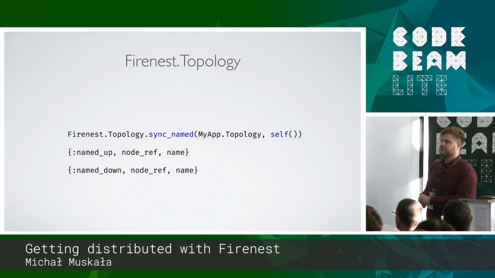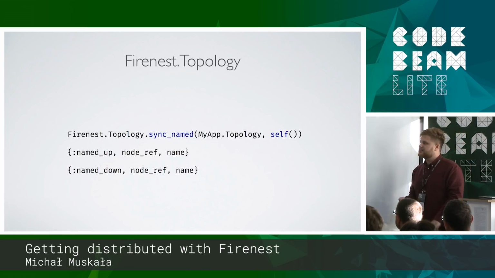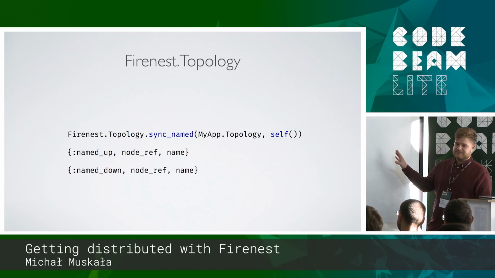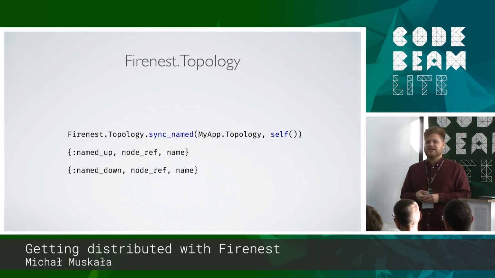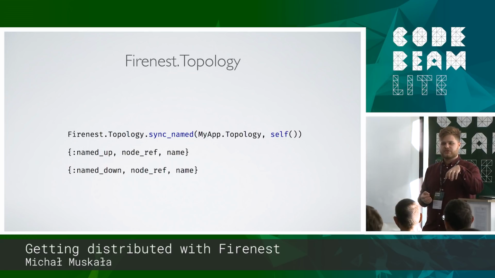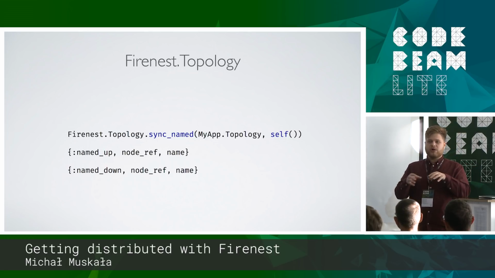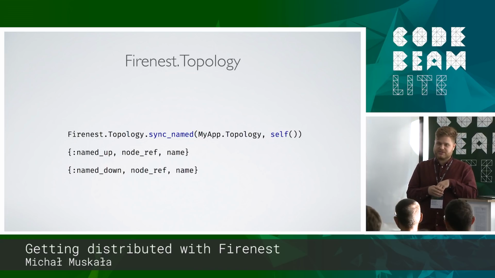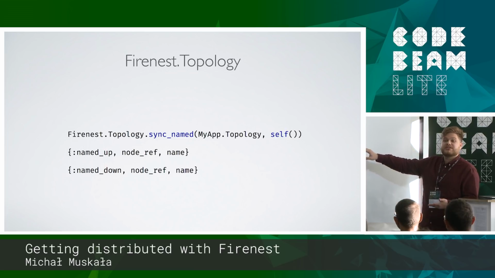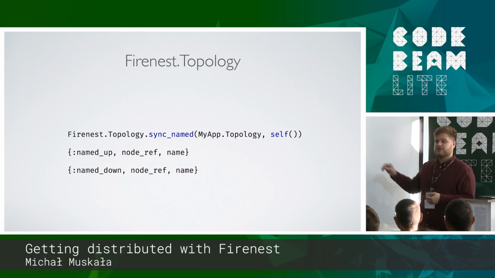And another building block, which everything else builds on top of, is this idea of synced names. What this does is it connects the process on your node to all the processes with the same name on all the other nodes in the cluster, right? And you'll receive messages when a process comes up on another node, or a process goes down on another node.